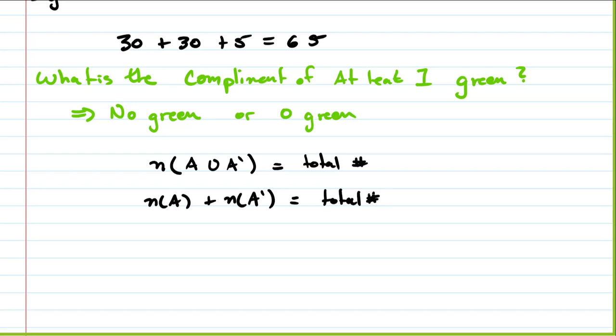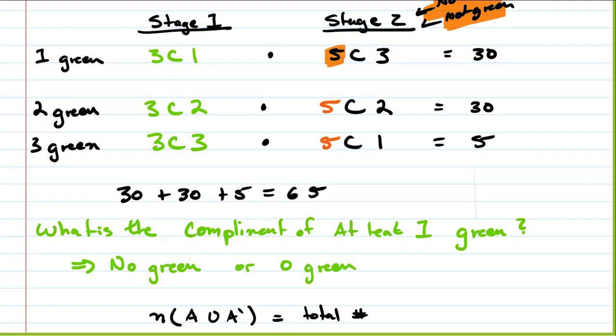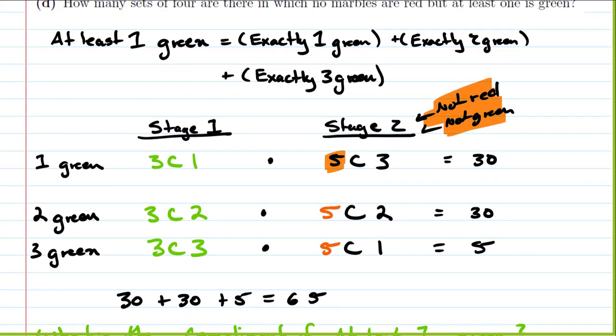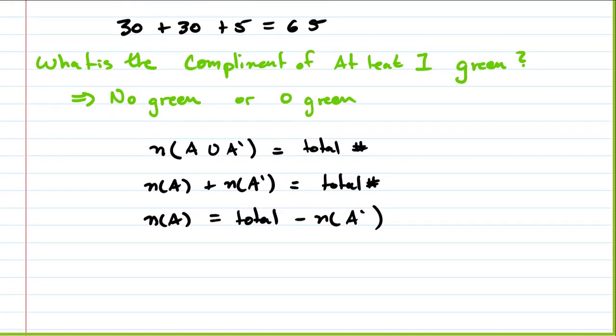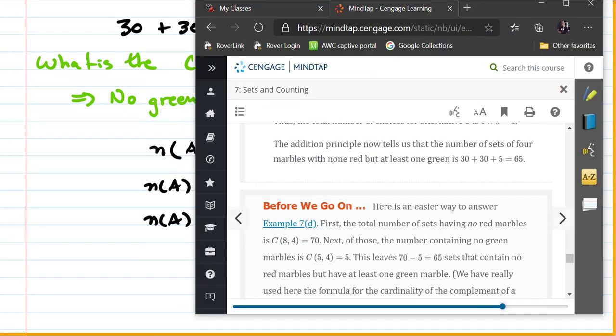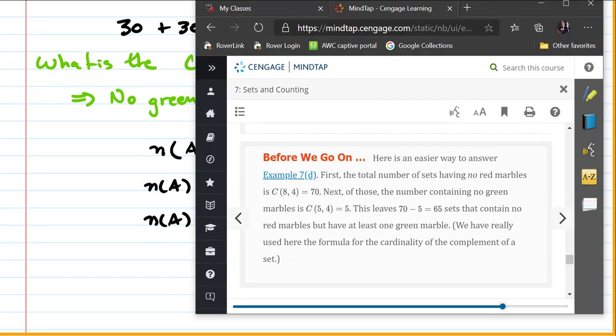So then if I'm trying to find one thing, I can find the amount of the other by calculating the complement. So the number of things in the set A is equal to the total number of things minus the number of things in the complement. So if you can figure out the number of things in the complement, you can then calculate the number that you are looking for. So the complement of at least one green is 0 green. So how can we count how many sets with no green marbles?